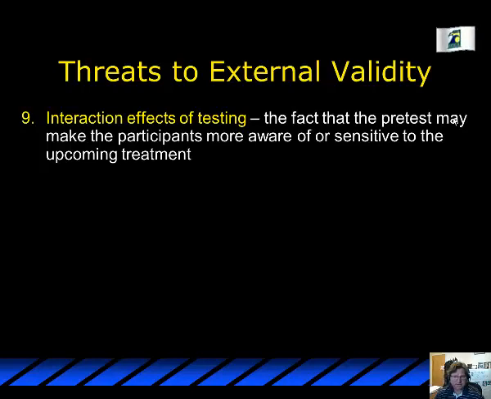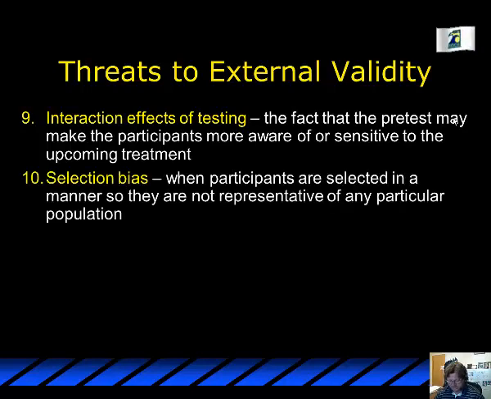So the fact that the pre-test may make the participants more aware or sensitive to the upcoming treatment. Selection bias. The participants or groups selected in a biased manner react to the experimental treatment in a unique way, so they are not representative of a particular population.